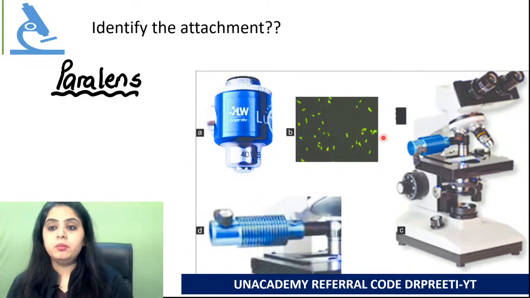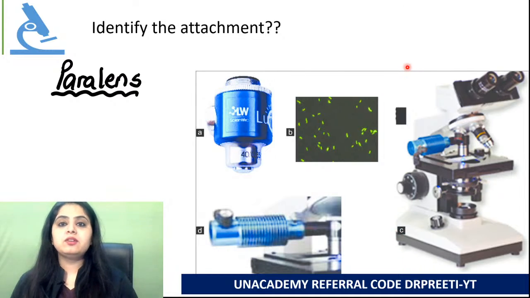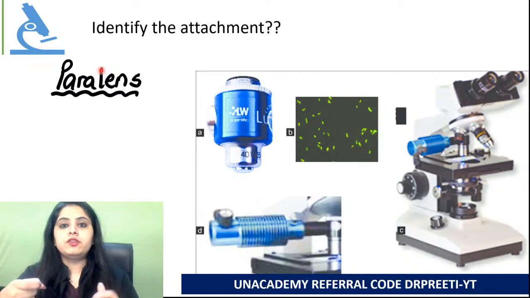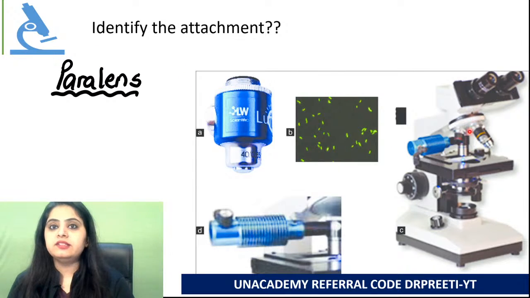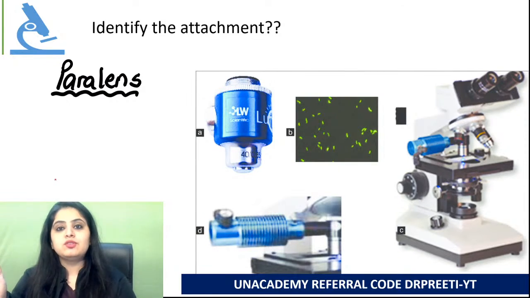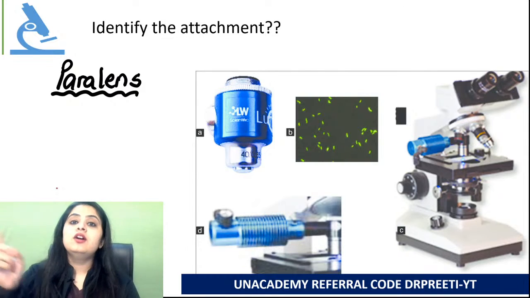This is a normal microscope. Can I convert it into a fluorescent microscope? Yes. There's a fitting called a para lens. Para means on the side, lens means just attach it on the side of your lens. Do you see on your lens, on the side, you have attached a para lens? This para lens is a very good way, if you have a normal microscope, to convert it into a fluorescent microscope.